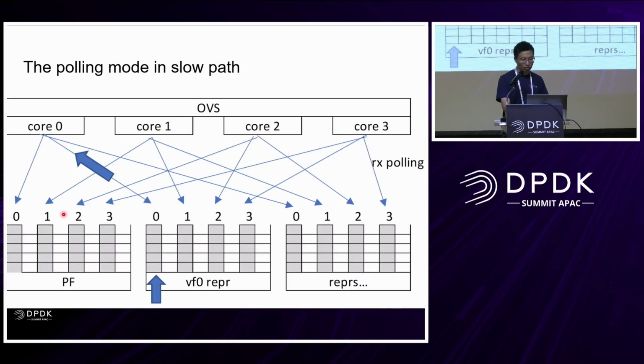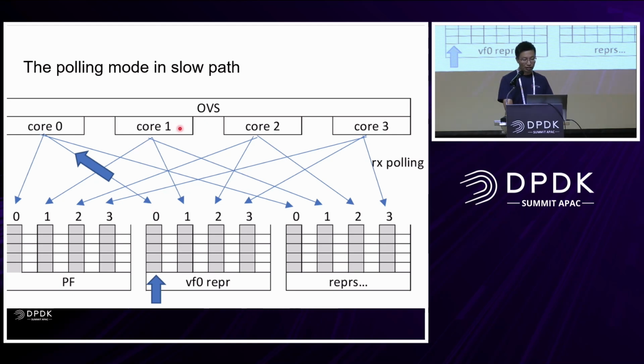Let's go to the next slide. It will be something like this. For core 0, we usually need to prepare queues for all the representor ports. Typically in OVS, every core polls, in this example, all the representor ports' Q0 to get the missed traffic.